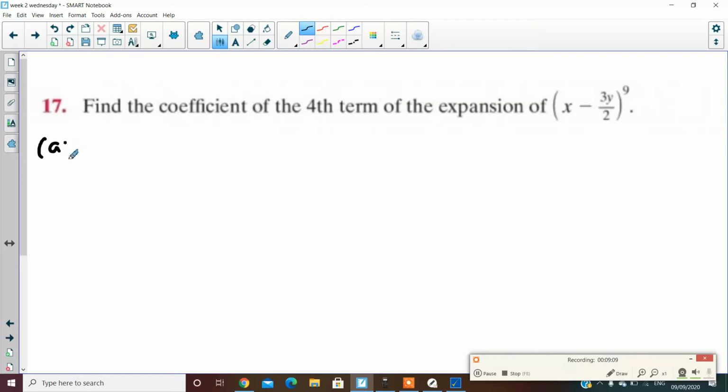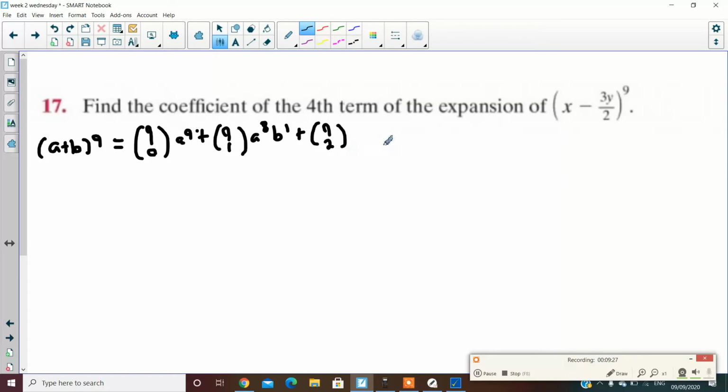Alright guys, I'm going to do (a + b) to the power 9, a generic term for this. So it's going to be 9C0 a^9, plus 9C1 a^8 b^1, plus 9C2 a^7 b^2, and then finally 9C3, which is the fourth term.